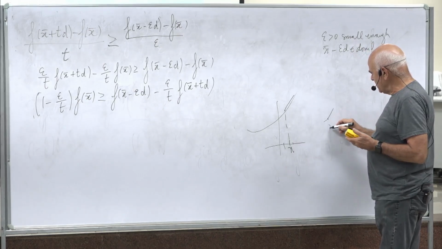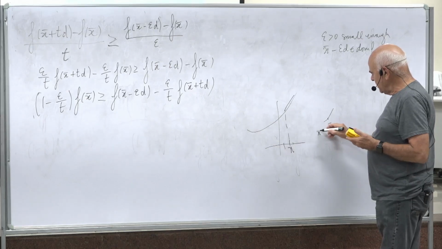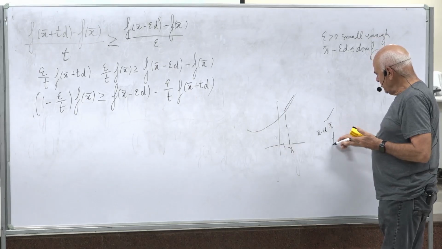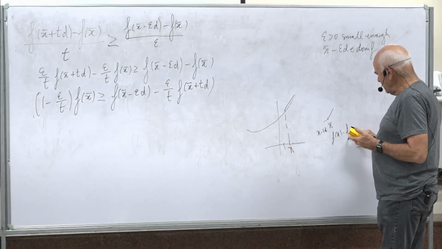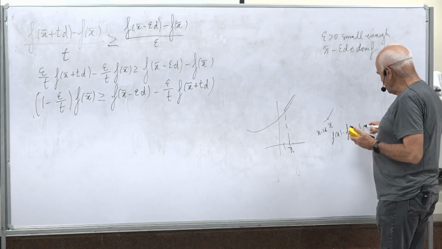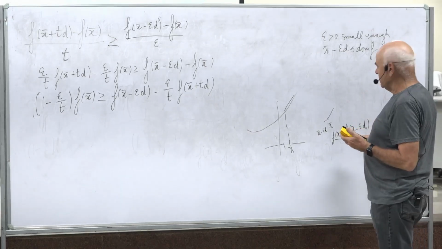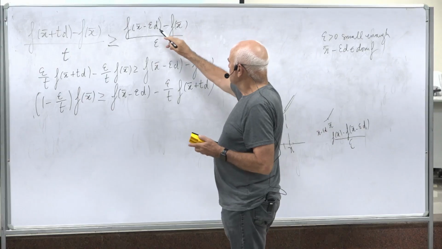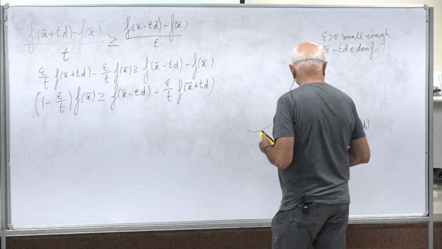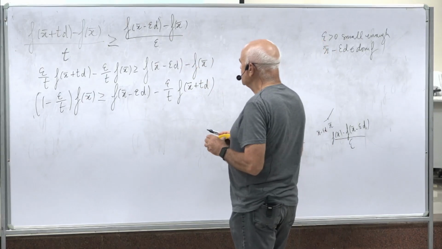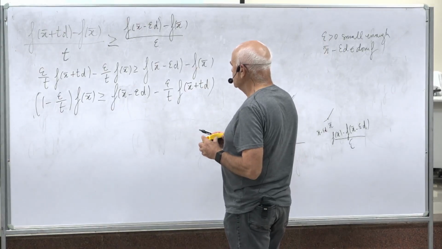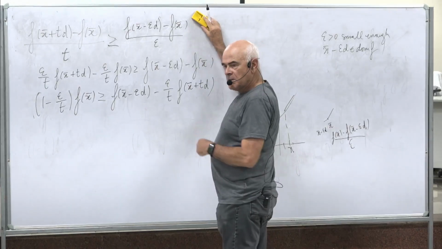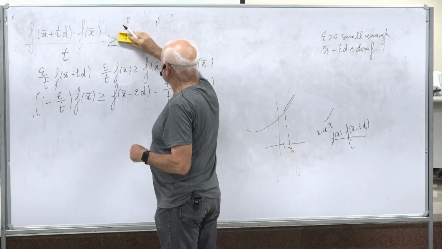If this is x bar and this is x bar minus epsilon d, the slope is f of x bar minus f of x bar minus epsilon d divided by epsilon. There is a change in signs, but yeah. Okay, so that was the mistake.